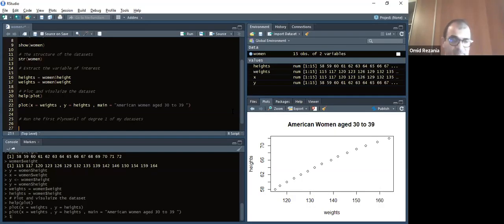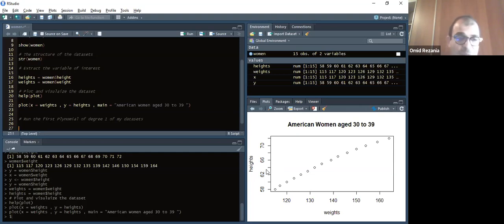Okay, now, in order to run the model, we just start by this. We say, okay guys, in the model that we have, what is our y-axis? It's the height, correct?